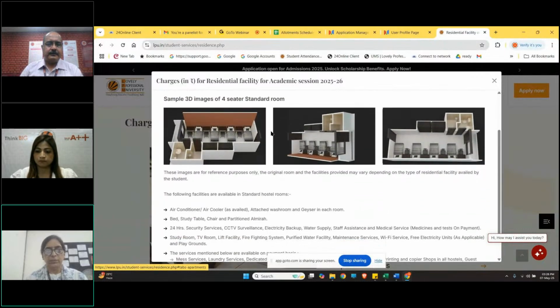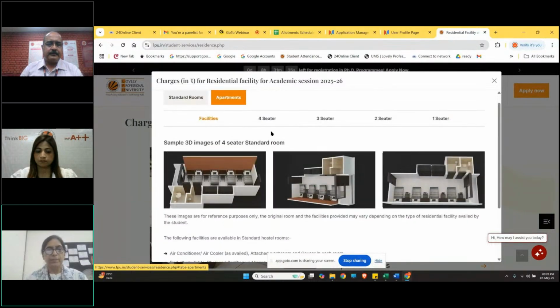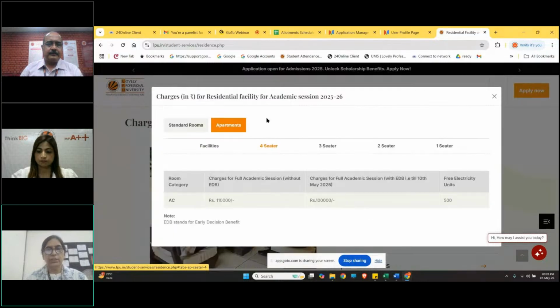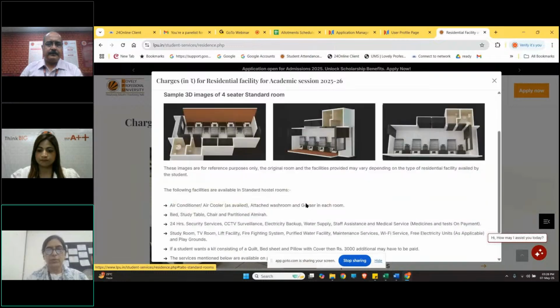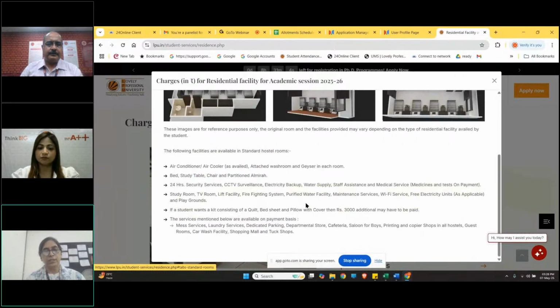You can book from the website itself, but after taking admission. The fees are also available, so if you want to know the charges of the hostel facility, you can see them on our website. Electricity, full CCTV surveillance, and full security are there.